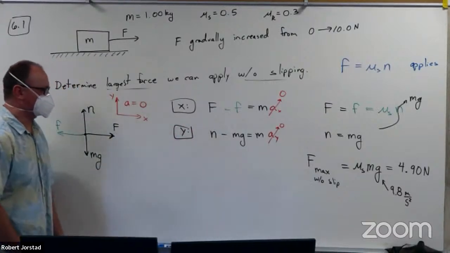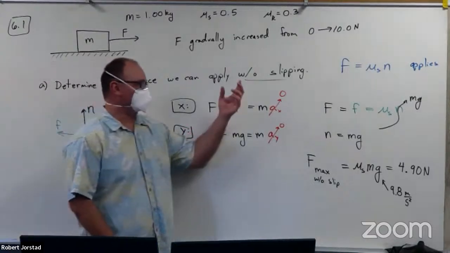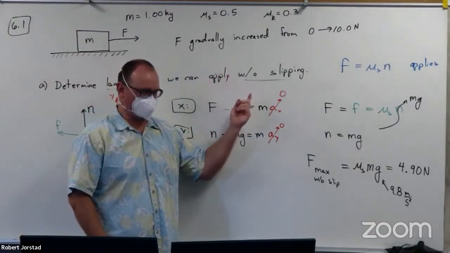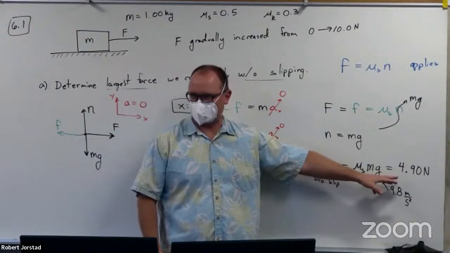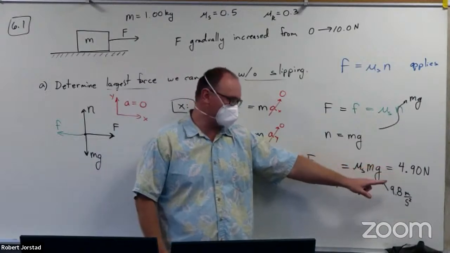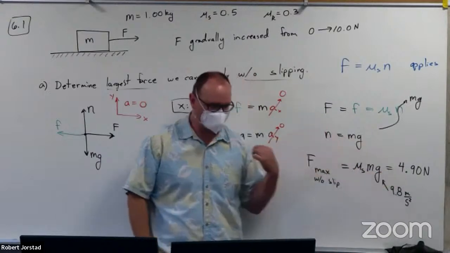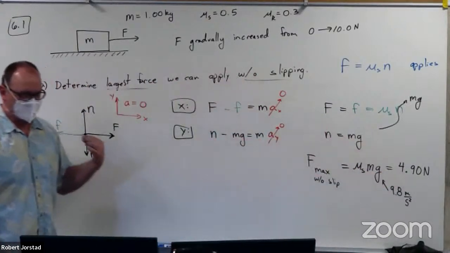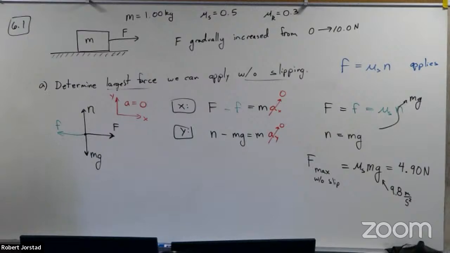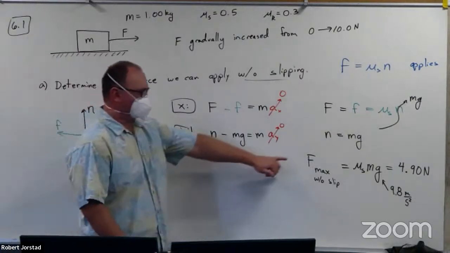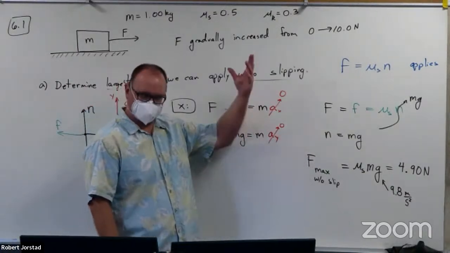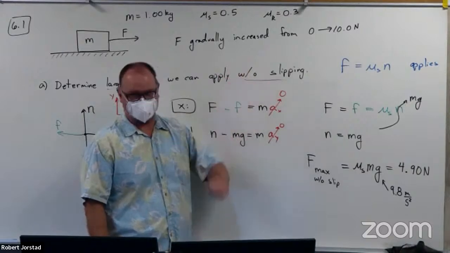What we do is we say, find the value where it's just about to slip. That's our over-under value, right? Think about this. Anything more than this, it will slip. Anything less than this, it won't slip. And why is that useful? Well, now I know if I apply a force bigger than this, the first frictional condition, mu kinetic N, applies.